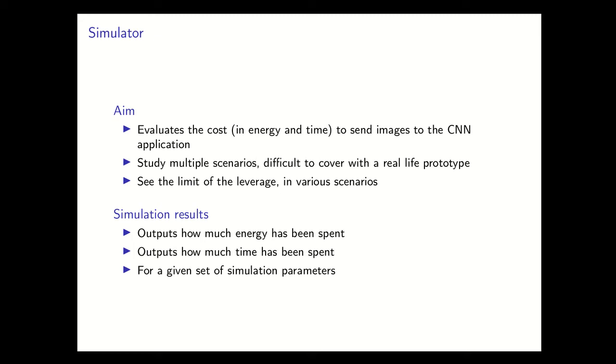And the interesting thing with the simulator is that it can evaluate multiple scenarios which were almost impossible to find in real life. And we could also make the hypothesis to take the nodes out of the Arctic tundra. Thus, the aim of the simulator was to see the limits of this reduced size image leverage in multiple scenarios.